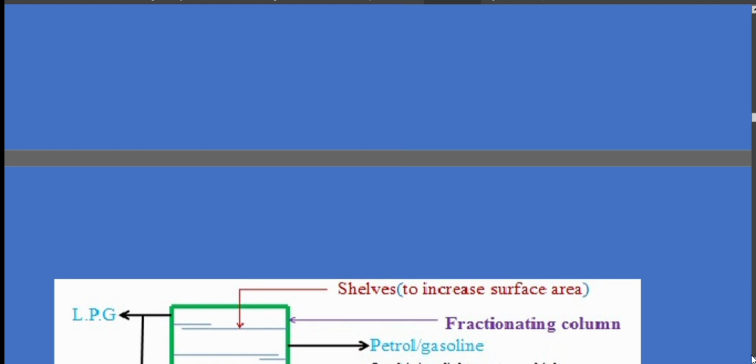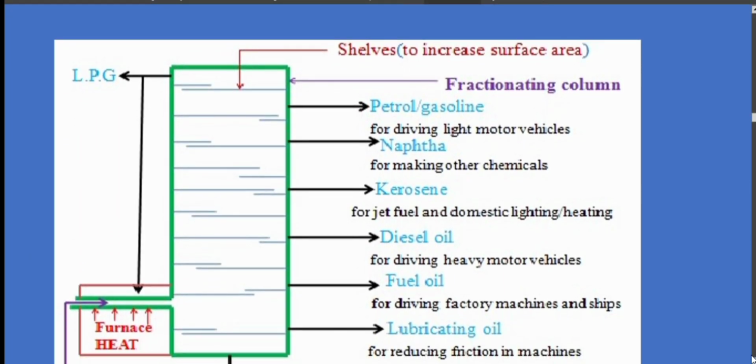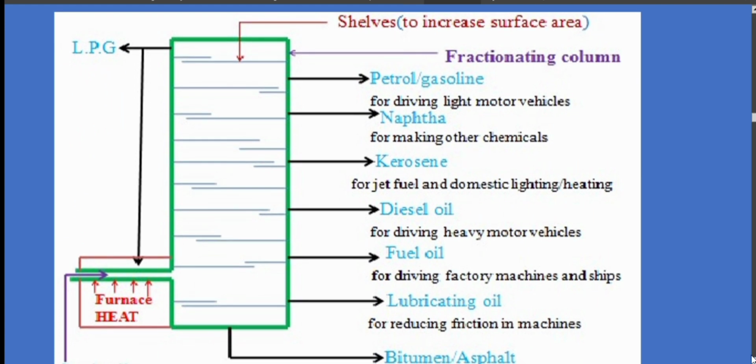So this is now an example of the setup of an oil refinery company. We have the fractionating column, and we have the furnace heat.